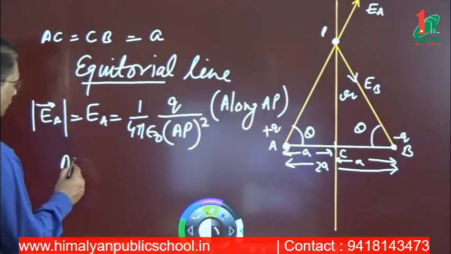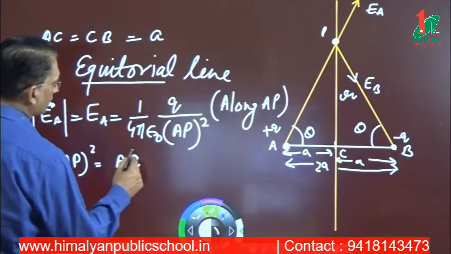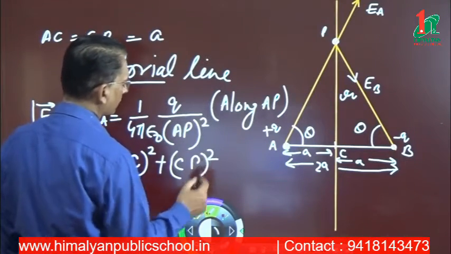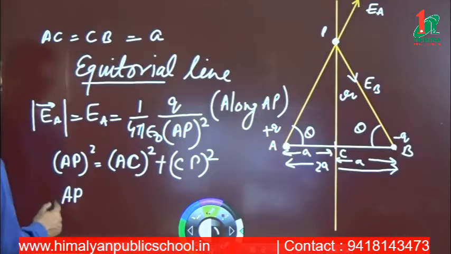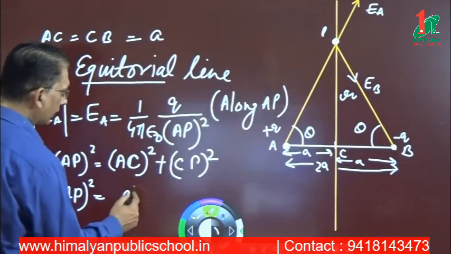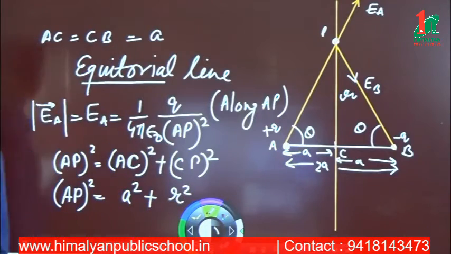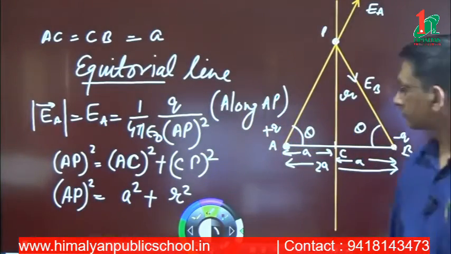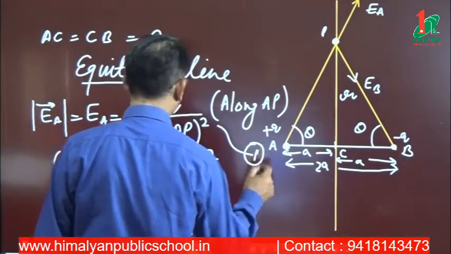AP square is equal to AC square plus CP square, that is small a square plus CP, which is small r, square.